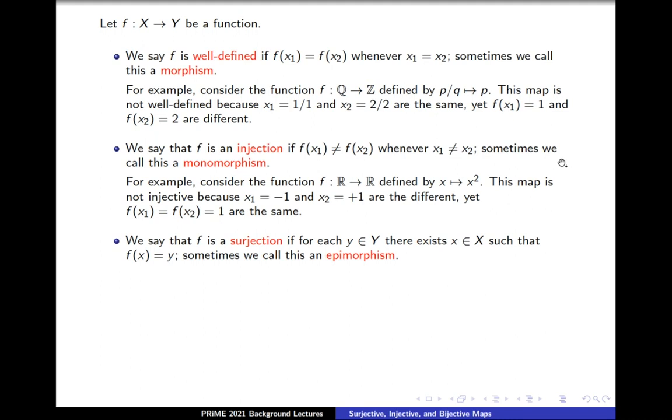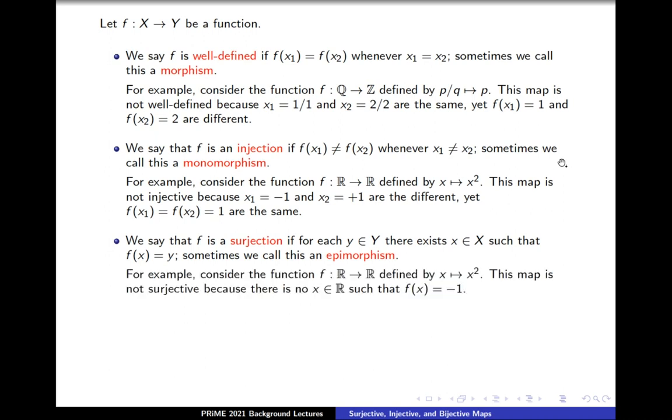We say that f is a surjection if for each little y in capital Y, there exists little x in capital X, such that f of little x equals little y. Sometimes we will call this an epimorphism. For example, consider the function f from the real numbers to the real numbers, defined by, again, little x goes to little x squared.